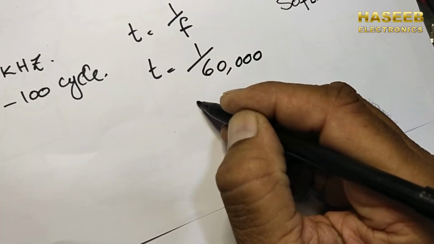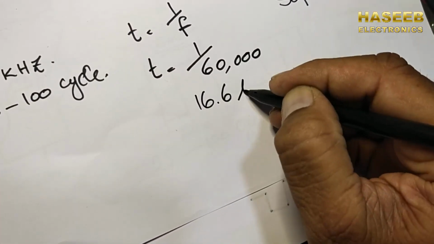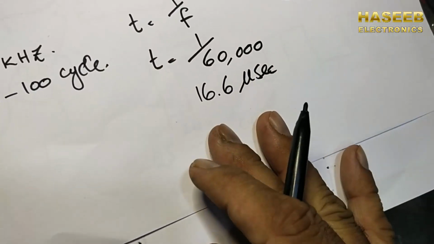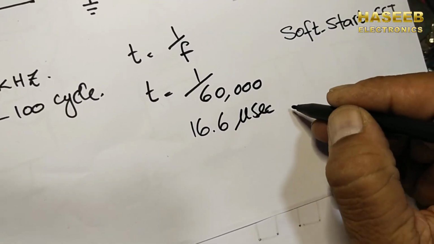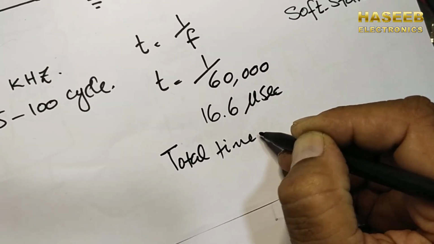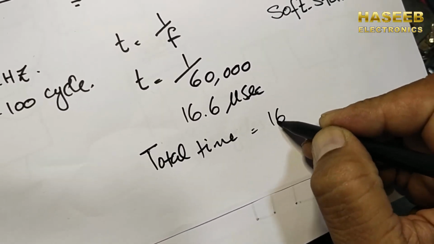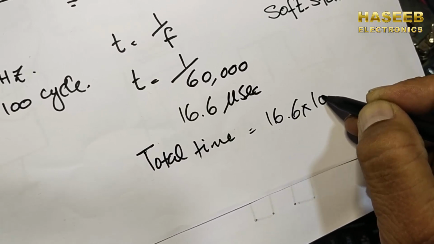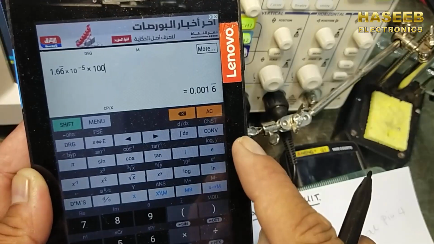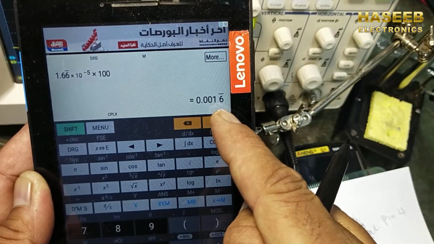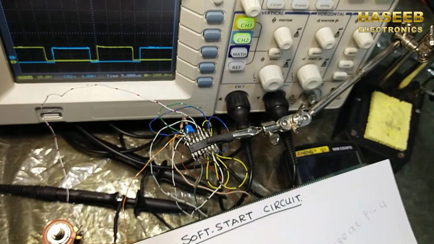So the time period is 16.6 microseconds. If we need 100 cycles, the total soft start time is 16.6 multiplied by 100, which becomes 0.0016 seconds.